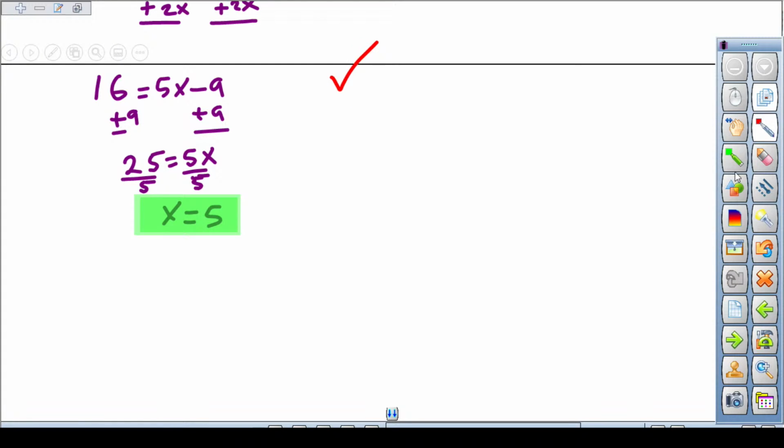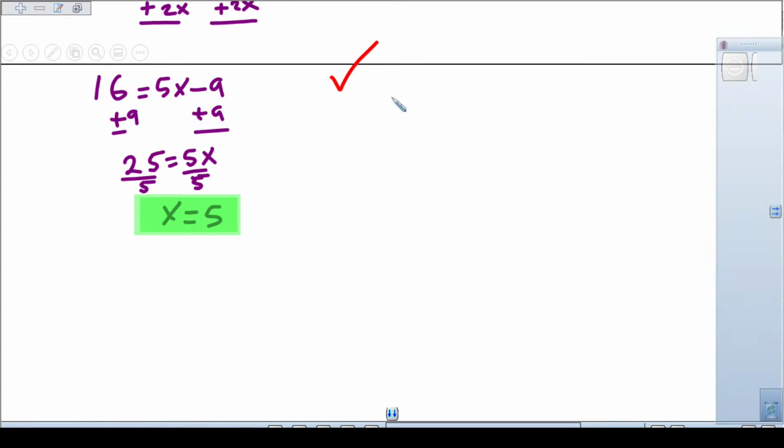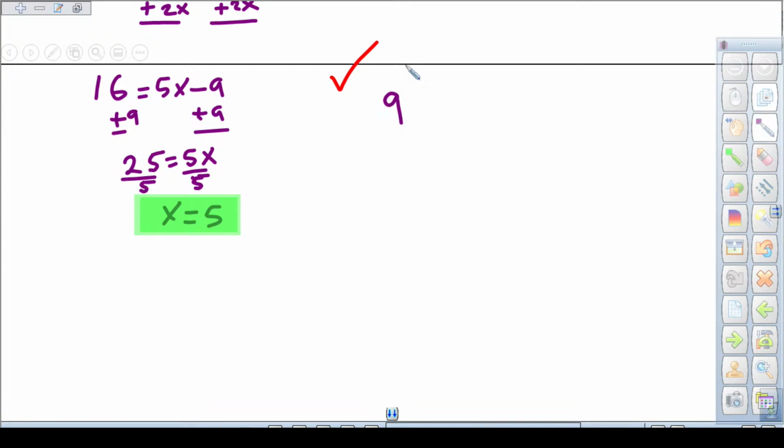So this one says: does 9 to the 8 minus x equal 27 to the x minus 3? My x was 5, so 9 to the 8 minus 5, does that equal 27 to the 5 minus 2?